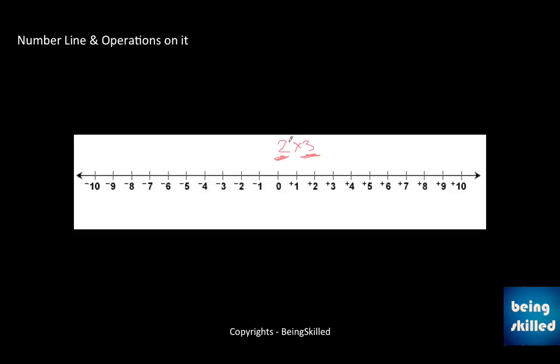So if you are seeing 2, then you have to take 3 hops of 2 steps each. So from 0 to 2 is 1 hop, 2 to 4 is second hop, and 4 to 6 is third hop. So 3 hops of 2 units each. So this is how operations are done on number line.